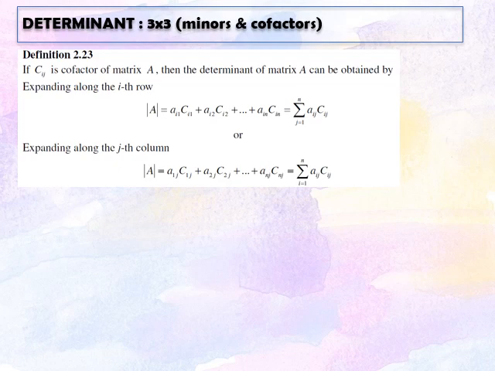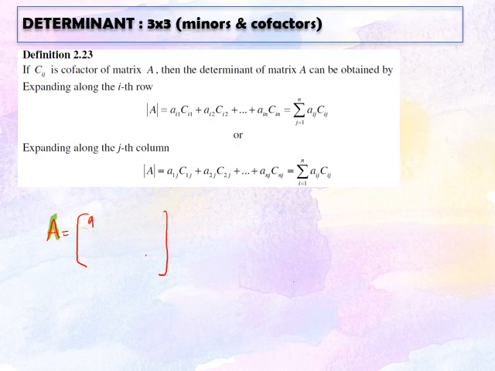For example, if you have A equal to A, B, C, D, E, F, G, H, I. Okay, I better write in general form.